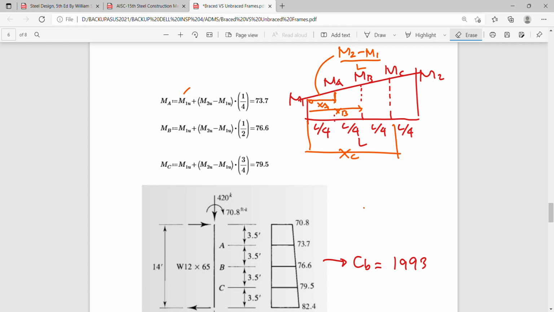So for your XA, this is simply 1/4 of L. That's why the L there cancels. So this will no longer have an L here. Okay, so if I put an L here and then I multiply this by L, I simply cancel those L's. So I don't need to write them actually. But if you want to write them down here like this, it will just be the same. So by simple proportion, we can now get the moments at MA, which is 73.7, MB 76.6, and MC 79.5.